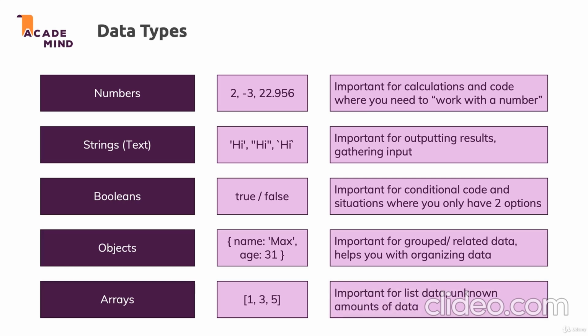So arrays are always great if you need to store a list of data, let's say a list of transactions, a list of maybe calculations in our calculator. And you can store any data in there. It can be an array of integers, so of numbers without decimal places, like in this example, but it could be an array of text, an array of floats, an array of objects, even an array of arrays is possible, and you can also mix data in there.